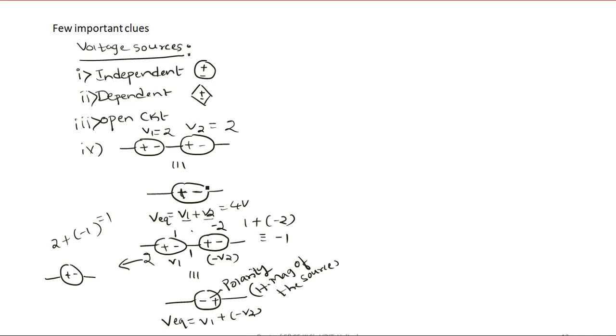Yeah. No, sir, in the other case. Okay, so just tell me the values of V1 and V2. If it is plus 2 and minus 2, V1 is plus 2 and V2 is minus 2. So you have two voltage sources. What about polarity here? How do you want to have polarity?